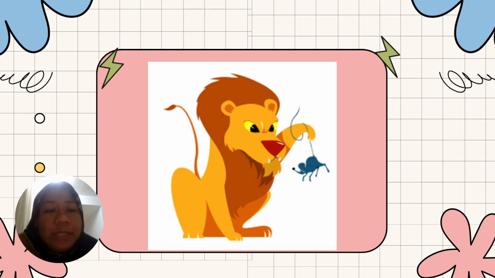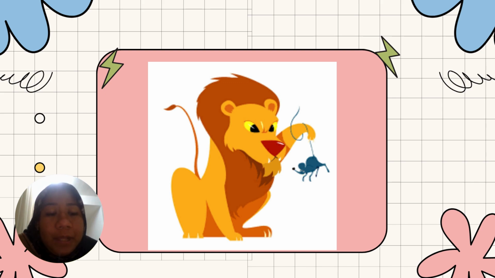So this duality in the lion's character reminds us that even those who seem invincible can have moments of weakness, just like us. I also have my own strength and my own weakness. Our second character is the mouse.